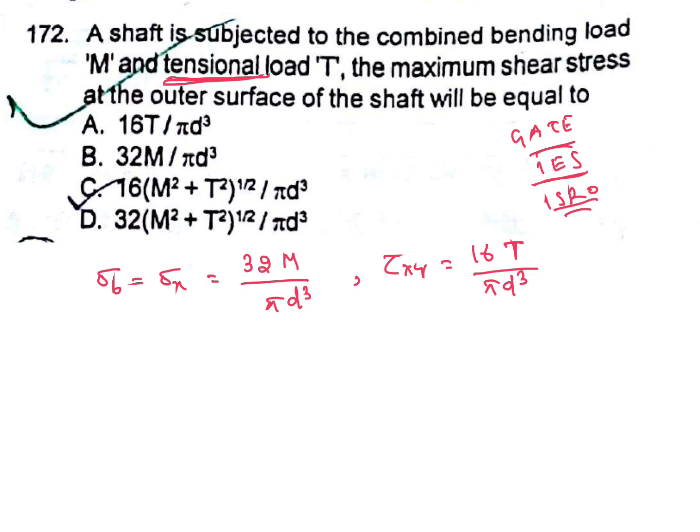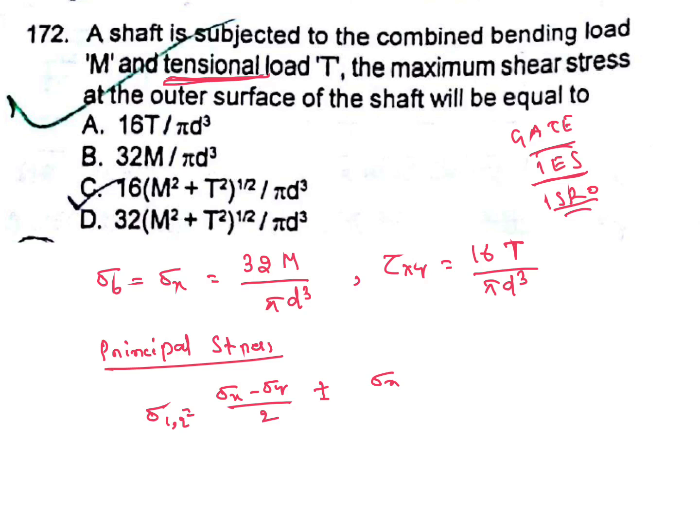Then for principal stress, sigma 1, 2 is sigma x plus sigma y by 2 plus or minus square root over sigma x minus sigma y by 2 whole square plus tau xy whole square.